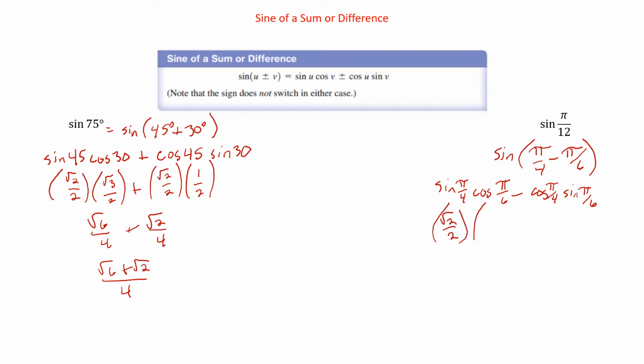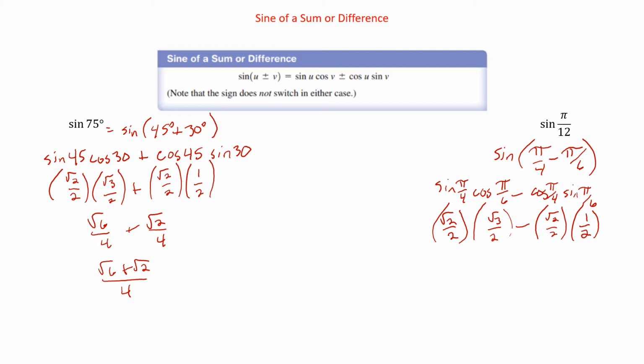And this is, again, unit circle just with radians. Cosine of pi over 6 is root 3 over 2. Minus cosine pi over 4 is root 2 over 2. Sine pi over 6 is 1/2.